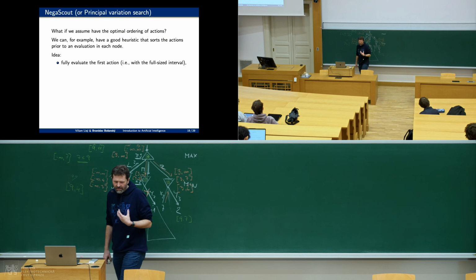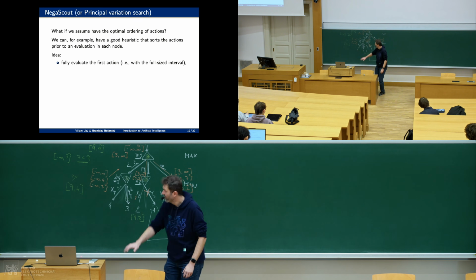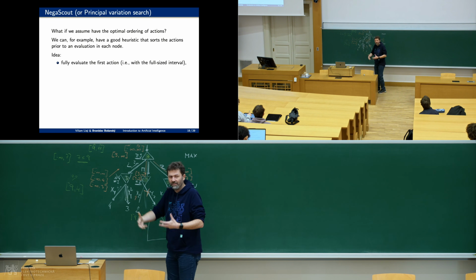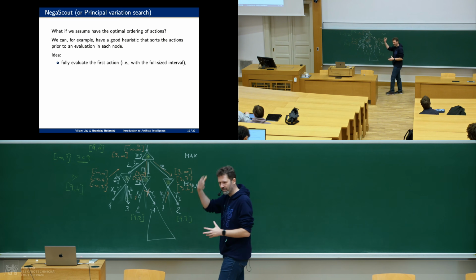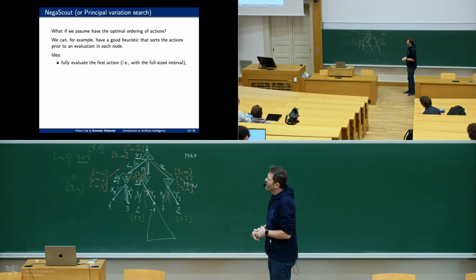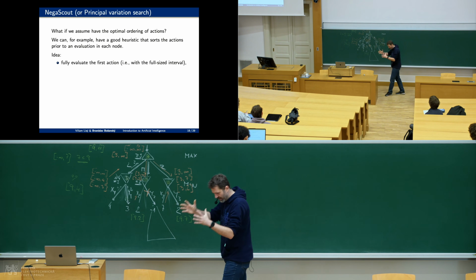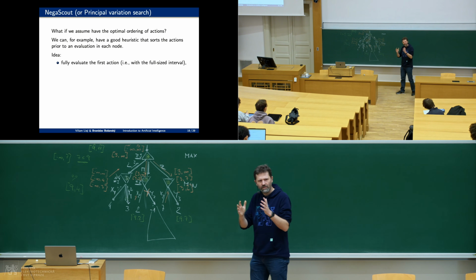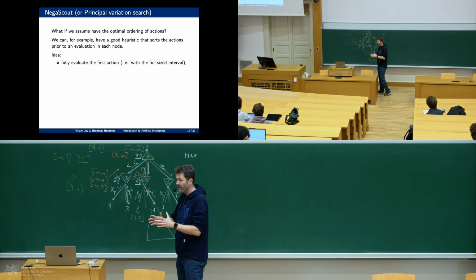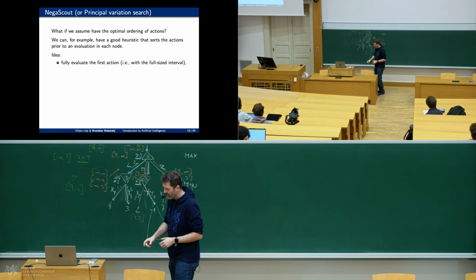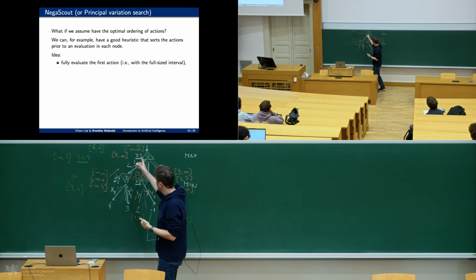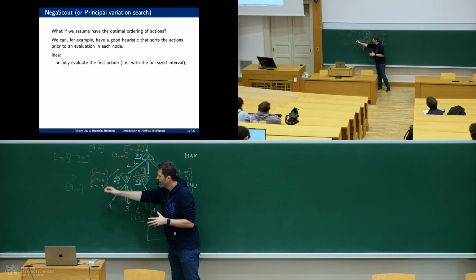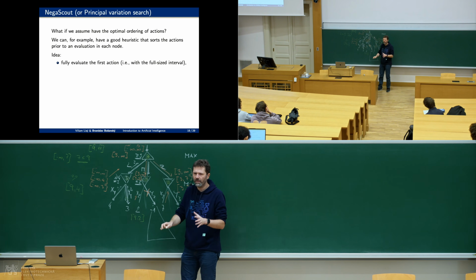So we can modify these intervals as we have seen here. We still strive to have an optimal algorithm that will give us an optimal solution. So if we assume that the first action is really the optimal one, we want to compute the correct value for that particular action. That means whenever we are exploring the first action of some node, we are not going to modify or change our alpha beta interval in any way.